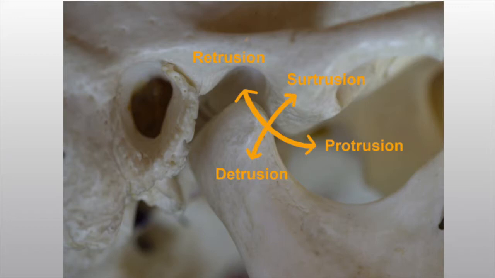There is almost always some retrusion and very frequently some surtrusion required to achieve centric relation. To understand the effect that each of these movements has on the occlusion, we will separate them out into their individual entities of jawbone geometry for clarity's sake.